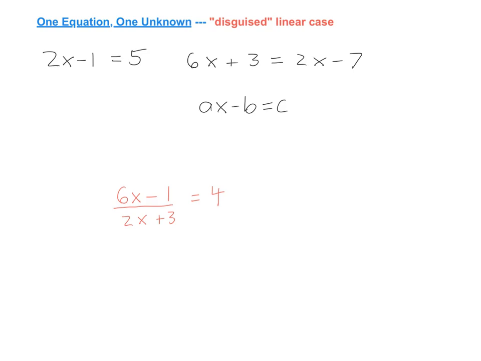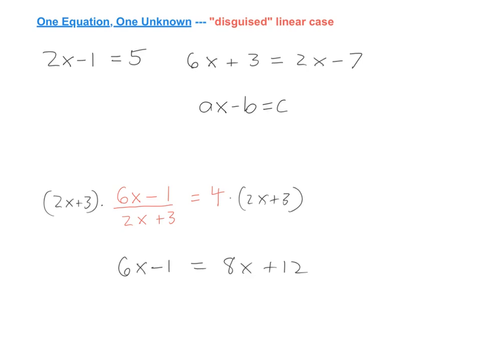The way to see that is as follows. Let's multiply both sides of this equation by 2x plus 3. That will enable us to clear out the denominator. And if we do that, we see now that this equation becomes 6x minus 1 is equal to, on the right-hand side, 8x plus 12.